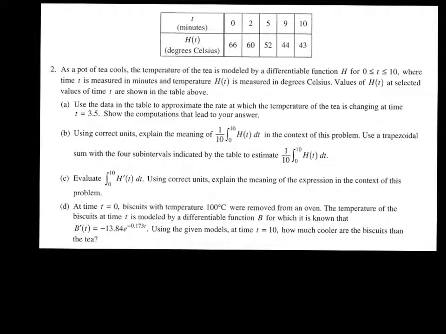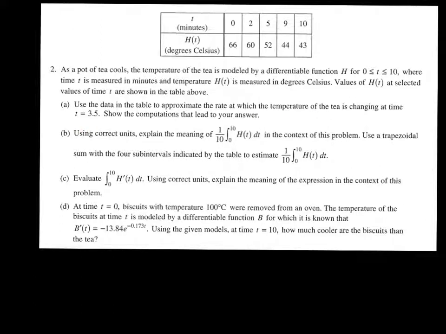In number 2, this is where the pot of tea is cooling, and it's modeled by this differentiable function H, and they give you the data up above. Notice you have to be aware of what the table tells you. In this case, the table is telling us time in minutes and H in degrees. Now, the first thing is they want us to approximate the rate at which the temperature of the tea is changing at t equals 3.5.